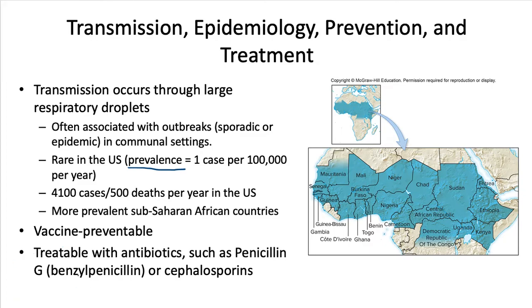Even though many gram-negative bacteria are resistant to penicillin and penicillin derivatives, Neisseria is an example of a gram-negative genus that doesn't have those beta-lactamases or penicillinases. So penicillin and penicillin derivatives do work against the Neisseria genus. And cephalosporins can be used if the bacterium is resistant to penicillin or penicillin derivatives.